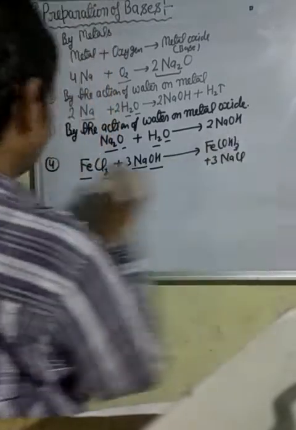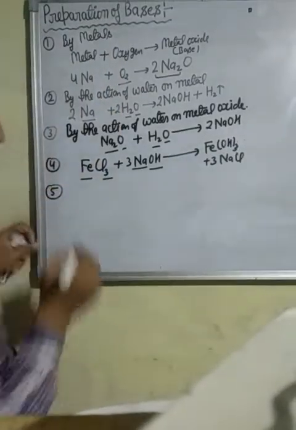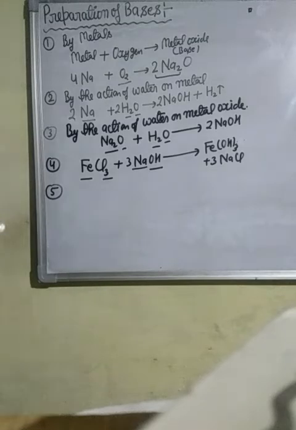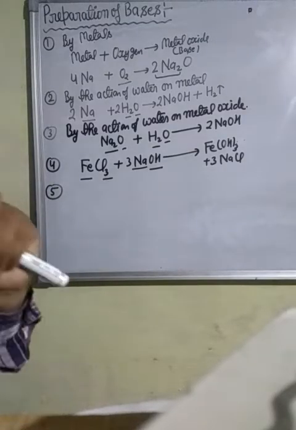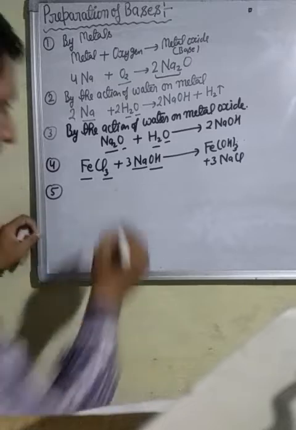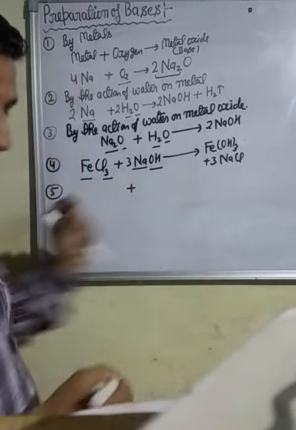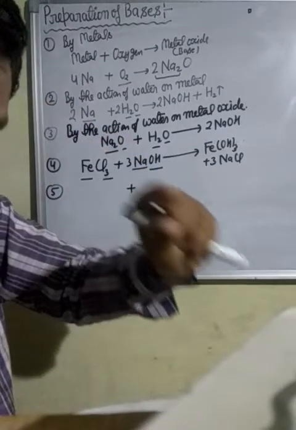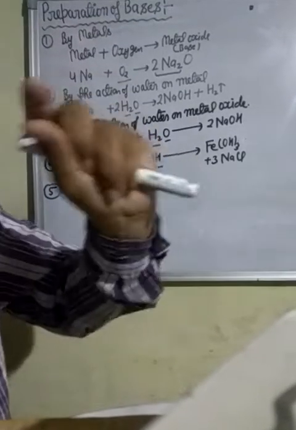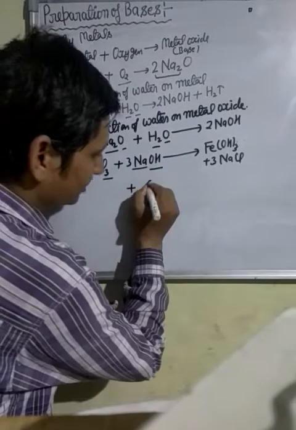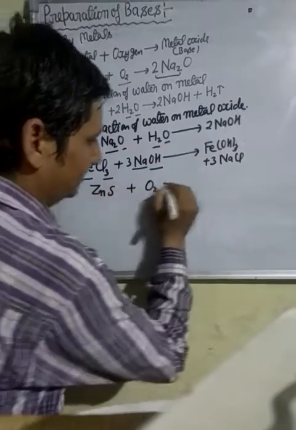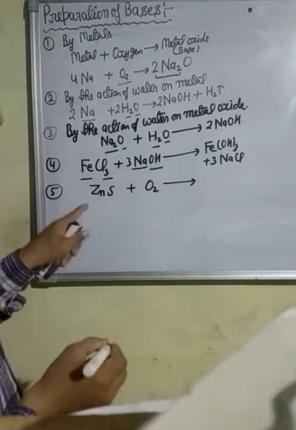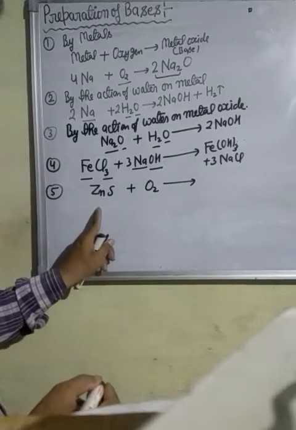Number 5 is by the reaction of oxygen with metal sulfide. Look here, oxygen is O2 and metal sulfide is zinc sulfide. This process is most important in chemistry.